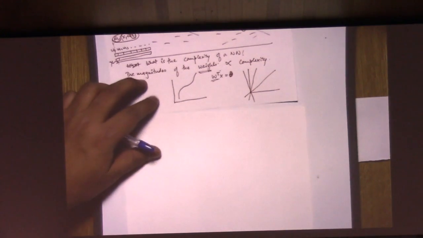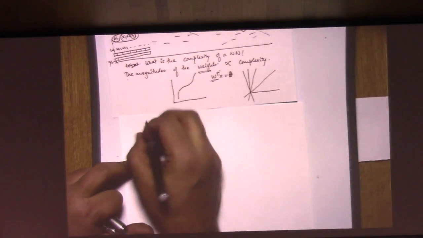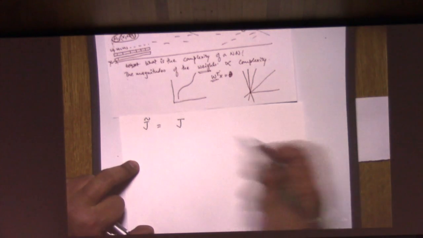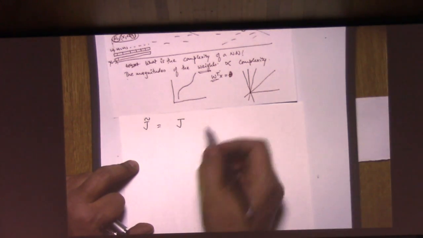So what we do is, in order to control the magnitude of weights, we introduce a new error function, which is the error function that we have seen in backpropagation already, which is essentially the squared error, right?